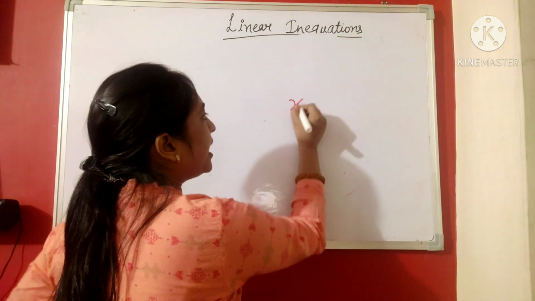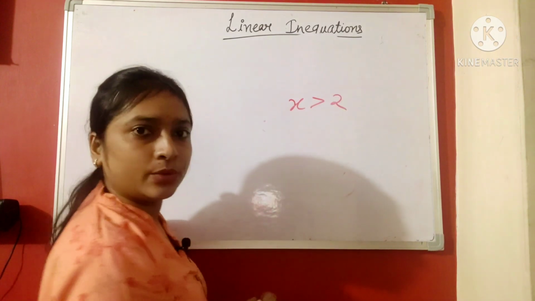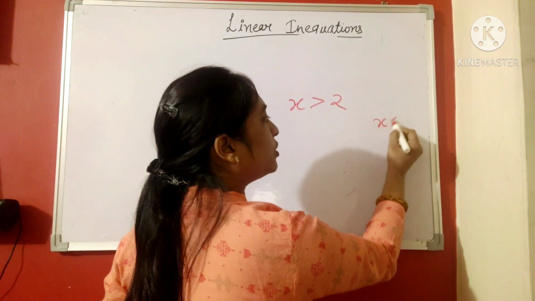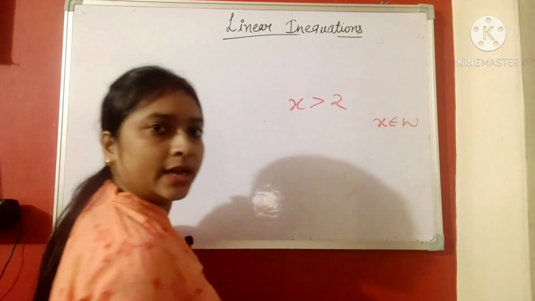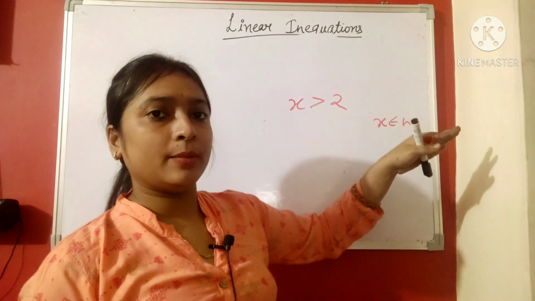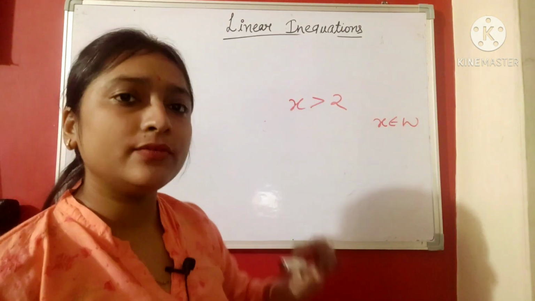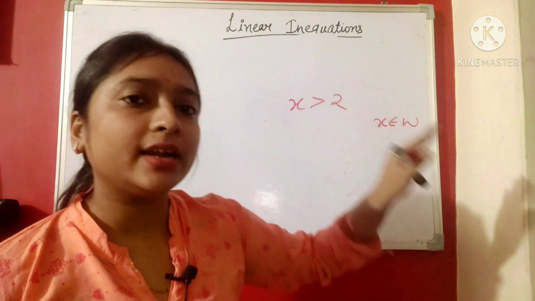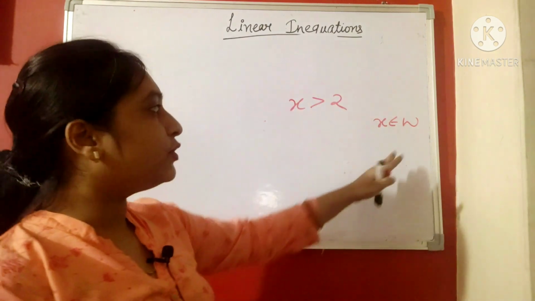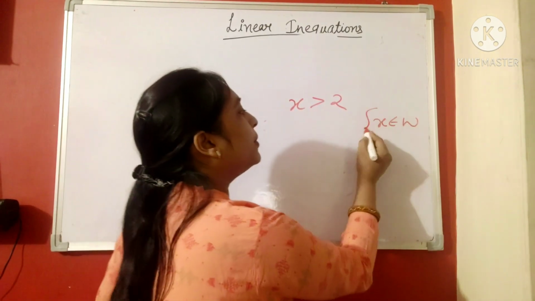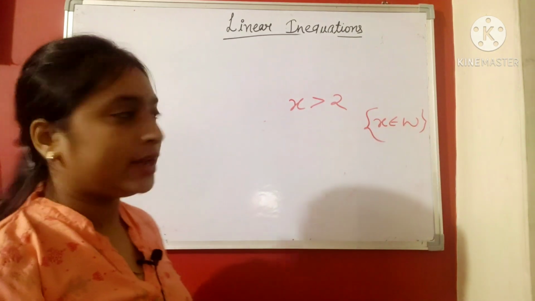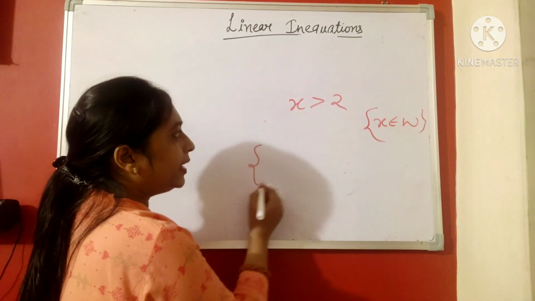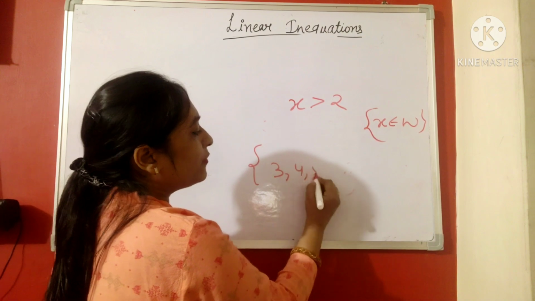Now if I say x is greater than 2, right, and x belongs to whole numbers. So x belongs to whole number, we have to take all the values of x which are greater than 2 from where? From whole number. So whole number is the replacement set. Fine. So solution will be 3, 4, 5.